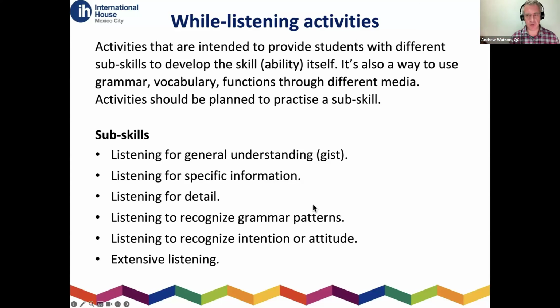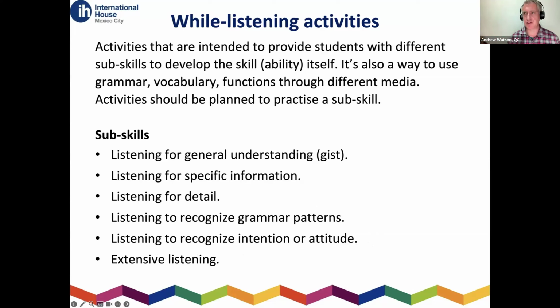Listening for detail, that's more about sentences and paragraphs, the ideas. Listening to recognize grammar patterns, okay, that's possibly more to do with language learning, but listening to recognize intention or attitude is going to be important for IELTS.